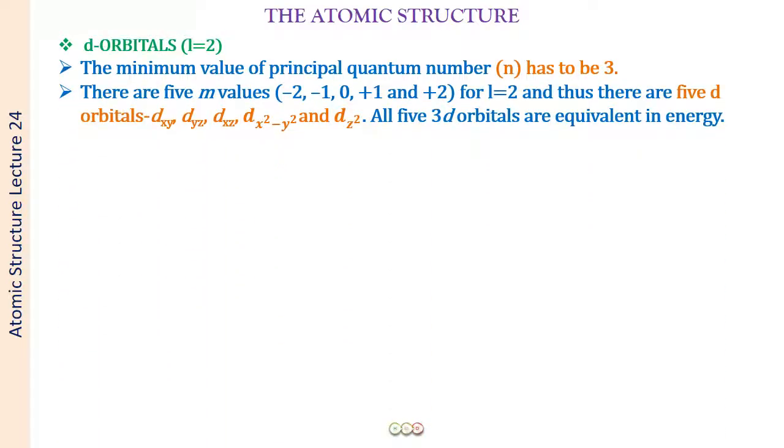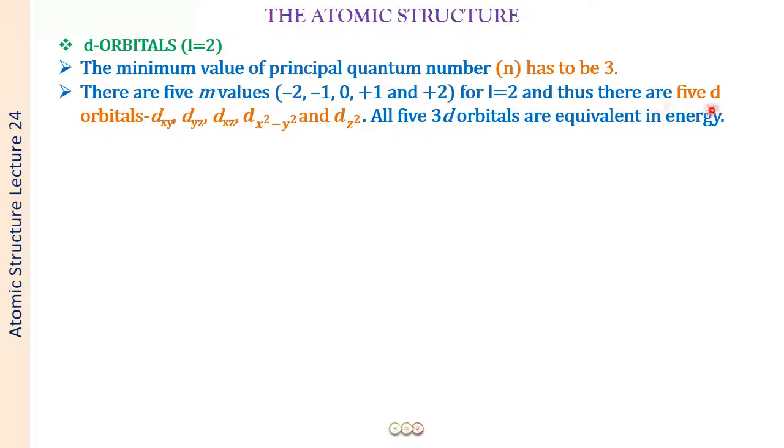Next we have the d orbitals, and for d orbitals l is 2. So the minimum value of the principal quantum number n has to be 3. So the d orbitals start from 3d, then 4d, 5d, and so on. There are going to be 5 m values for l equal to 2, ranging from -2 up to +2.